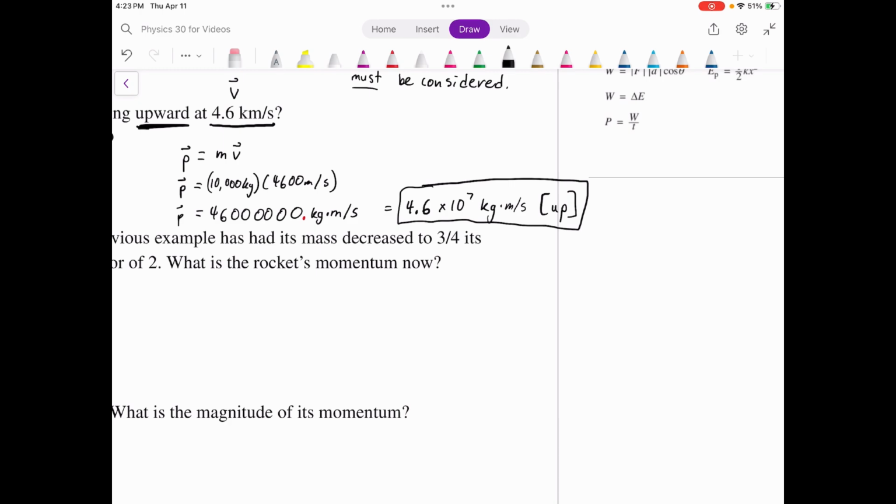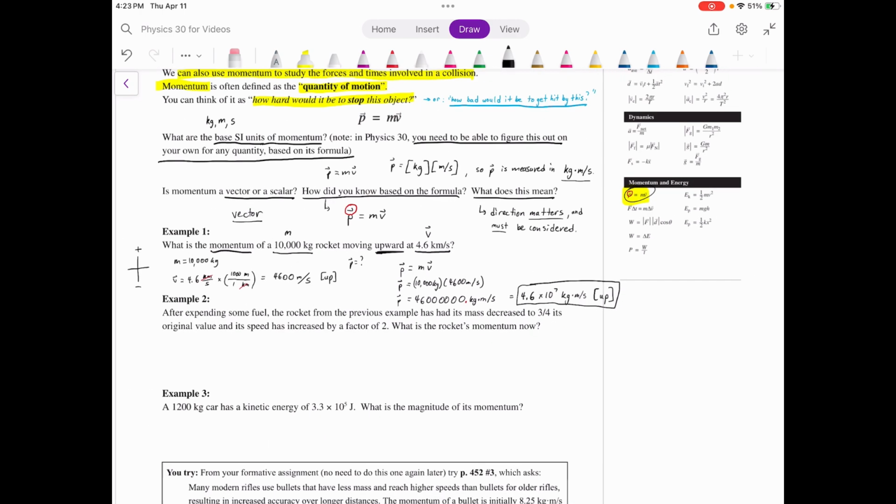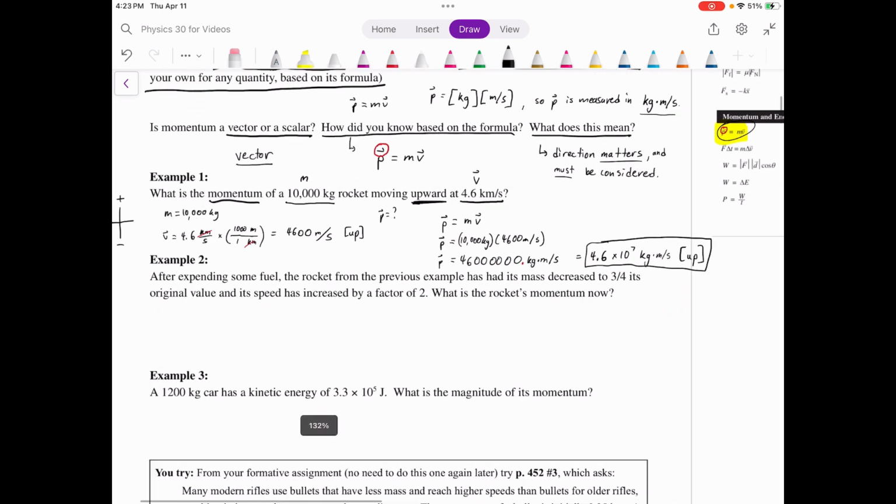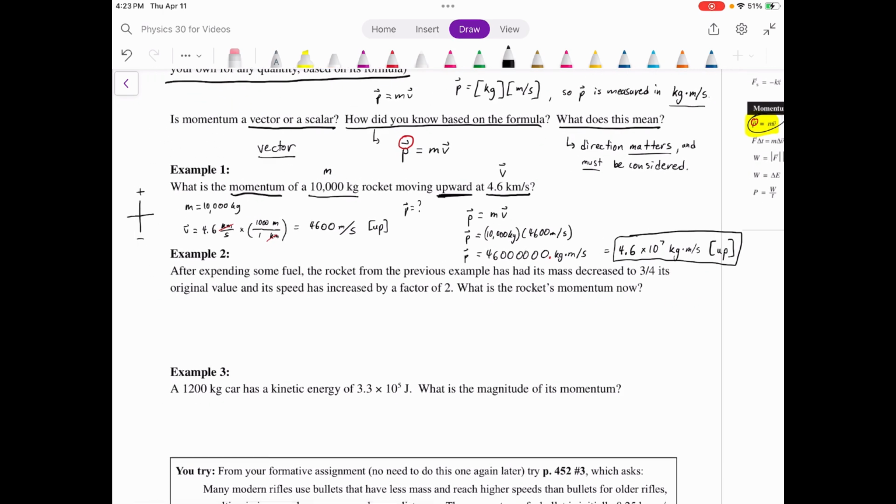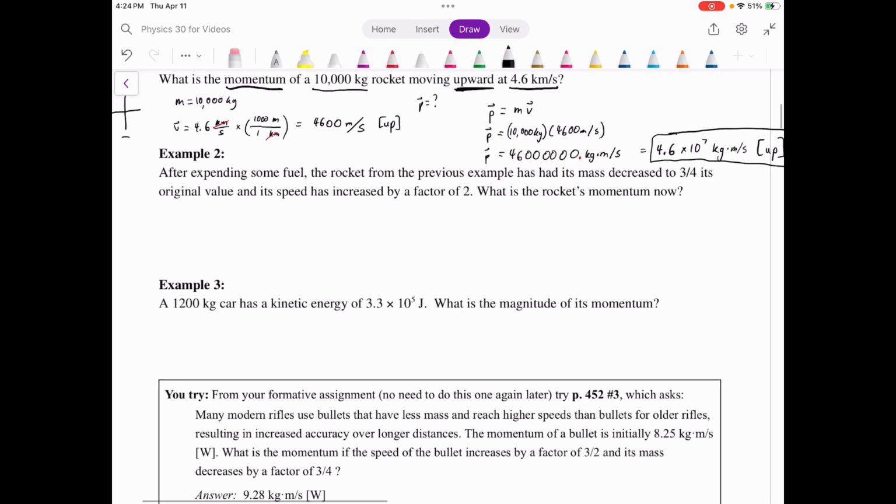Momentum has magnitude and direction. Okay, so the momentum is in the same direction as the velocity. That's not surprising, but the math backs us up there. We define velocity upwards as positive. We got a positive momentum, so the momentum being positive tells us it was also upward in the same positive direction.